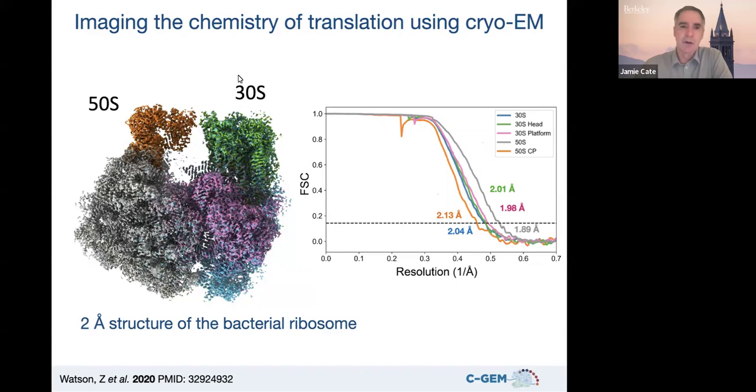There's a Nobel Prize in this very recently, because we're now able to use an electron beam to get very high resolution structures of machines like the ribosome. This is at a resolution of 2 angstroms. For comparison, when we think about length scales, a carbon-carbon bond in an organic polymer is like 1.5 angstroms. So we're getting pretty high resolution here.